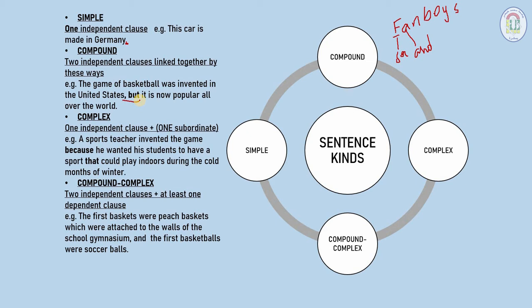For example, a sports teacher invented the game because he wanted his students to have sports that could be played indoors during the cold months of winter. So this is normally a part of the game of basketball.